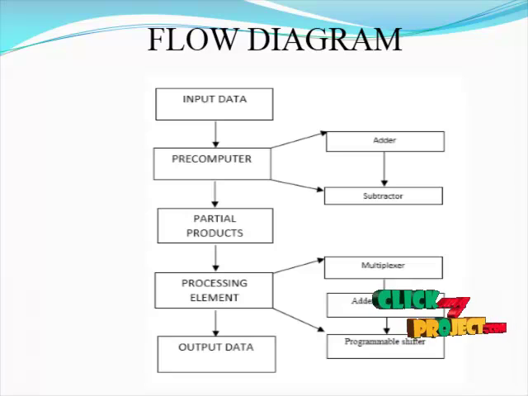Then the mux4 result is given as the actual output data. In case of the last processing element, the output from the full adder is given as input to the storage unit, and the storage unit output is given to the mux4. Then the corresponding output is the actual output.